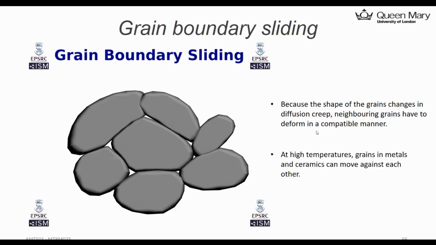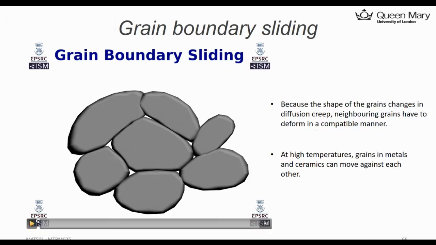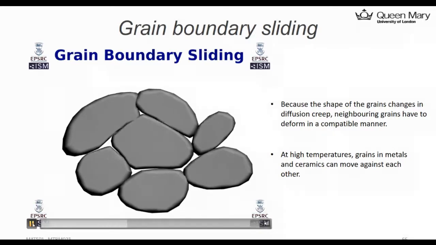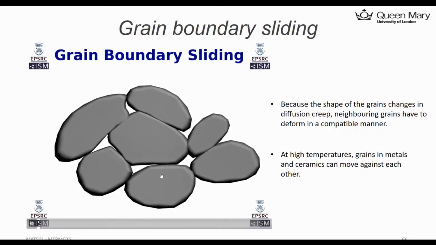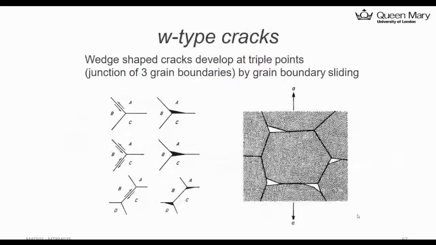And at high temperatures, grains in metals and ceramics can move against each other, so that is called grain boundary sliding, which is here. You can look at here. So it's like sliding against each other, so that gives some deformation, okay? At this stage, it's quite large scale.